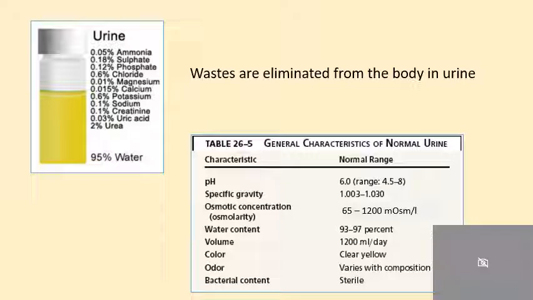And we'll talk more about how that happens down the road. Normal urine is sterile, so there are no microorganisms in urine. However, on urine's way out of the body, as that urine passes through the urethra and the external genitalia, it often picks up bacteria, but normal urine is sterile.